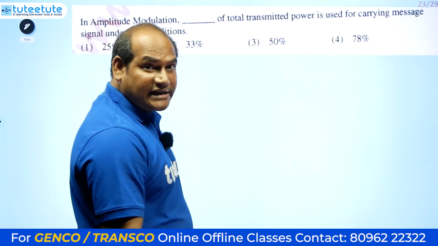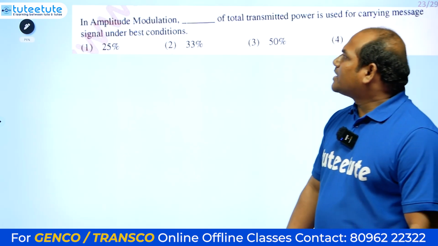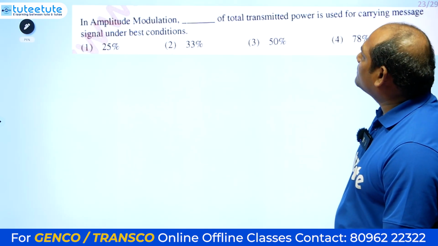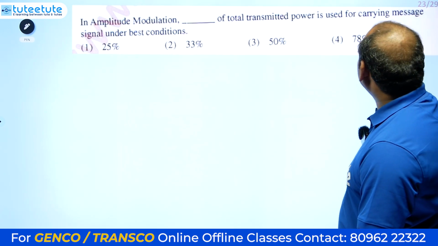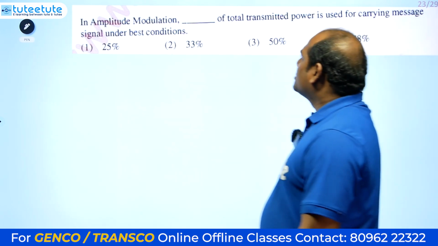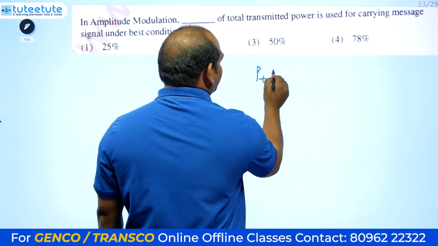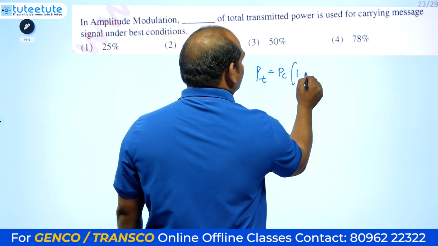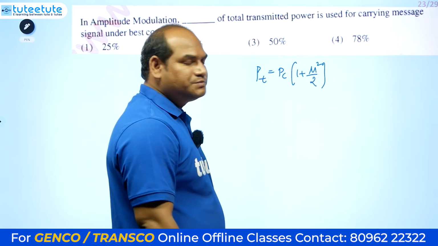Next one is related to communication, that is amplitude modulation. In amplitude modulation, dash percentage of total transmitted power is used for carrying the message signal under best conditions. So it is related to the percentage of power. We can take PT equal to PC into 1 plus mu square by 2. This formula is valid for amplitude modulation.